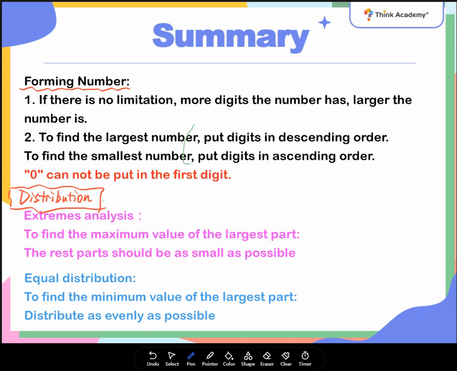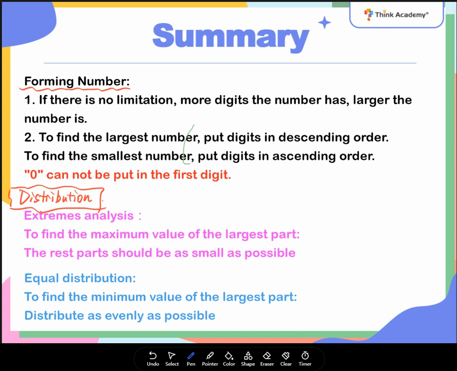Or maybe some chocolates need to be put in some boxes. It means a sum of something needs to be put into several different parts. That's the reason why we call it a distribution problem. Does that make sense to you?